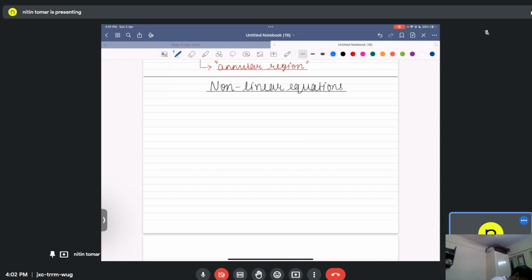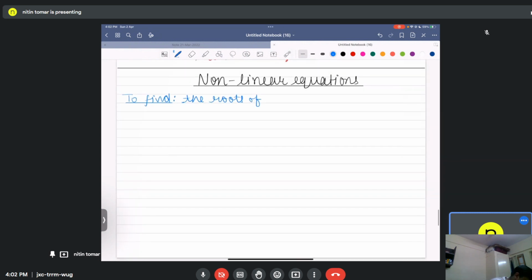For example, to find the roots of an equation of the form f(x) = 0, where this f(x) can be anything.